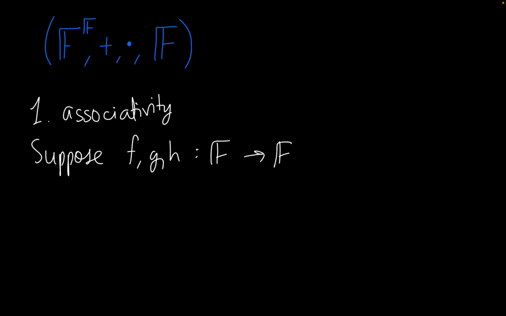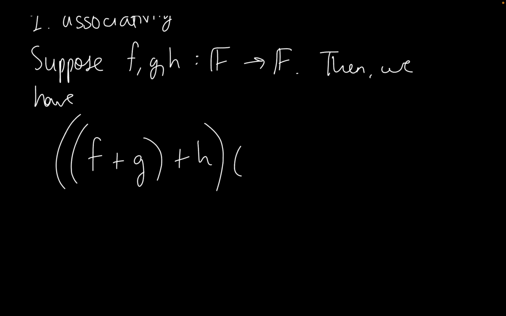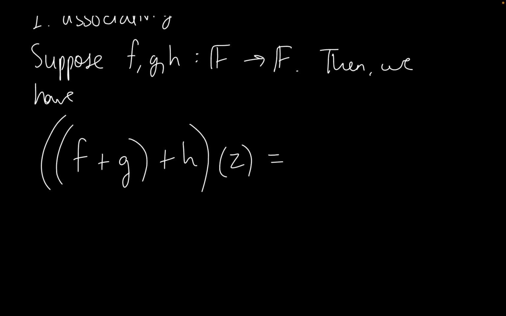Anyway, suppose there are three functions. Then let's consider (f plus g plus h) of z is equal to, and I'm going to say for all z in F, so I don't forget it later.